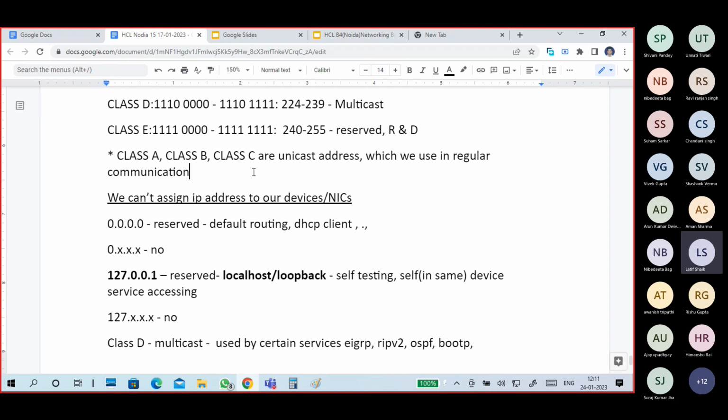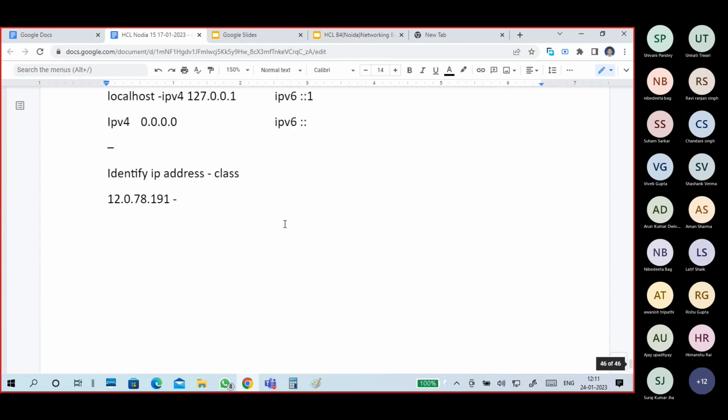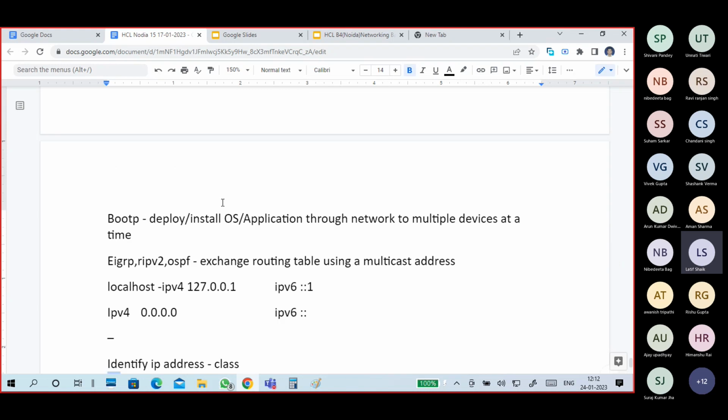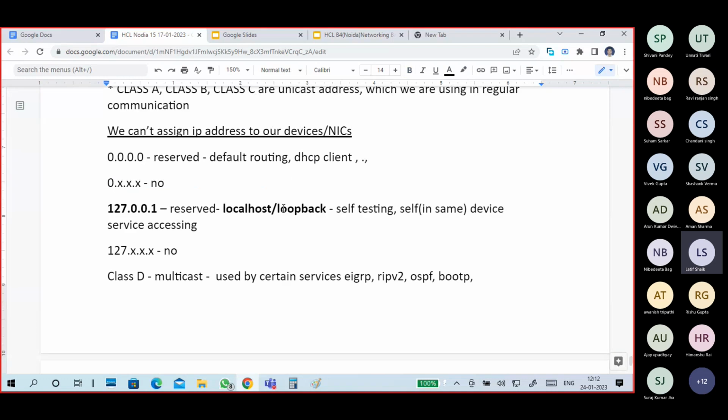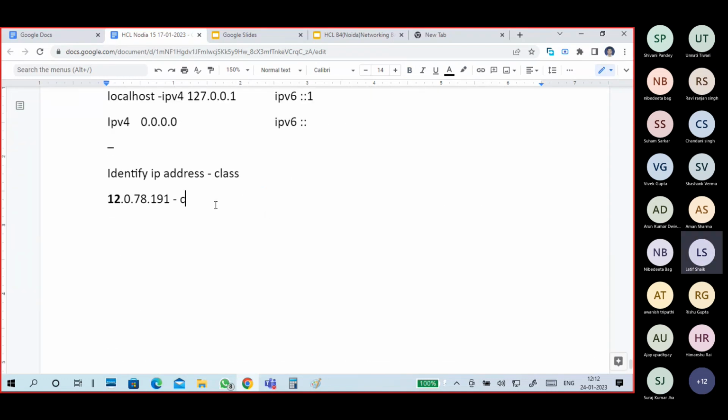So class A, class B, class C are unicast addresses which we are using in regular communication. Guys, tell me which class it is. What is this first octet? Look at the first octet, and go through this table. 12 means it is class A.